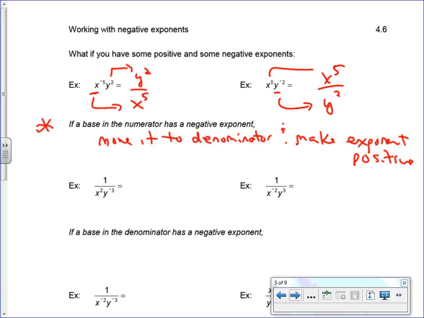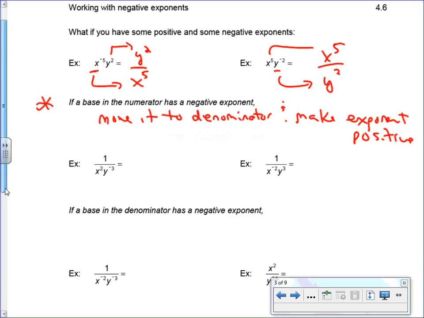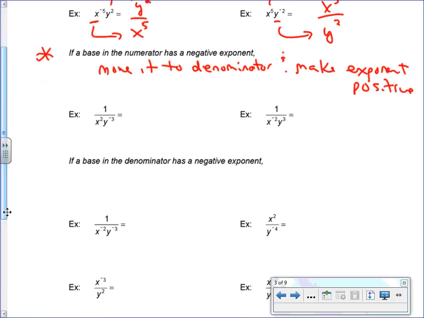So if it's in the numerator and it has a negative exponent, then you just move that part. Leave the other part where it was. Okay?